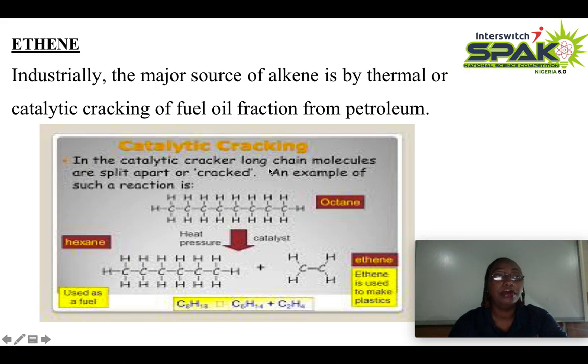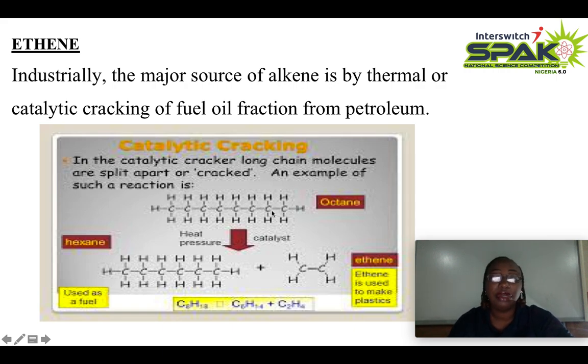After fractional distillation, you then have cracking to break down the larger hydrocarbons for more effective use, to have more petrol. So in the catalytic cracking, you have long chain molecules being split down, or broken down, cracked.